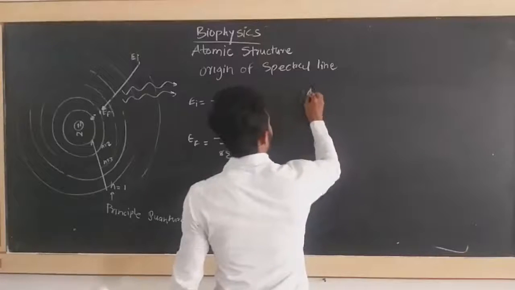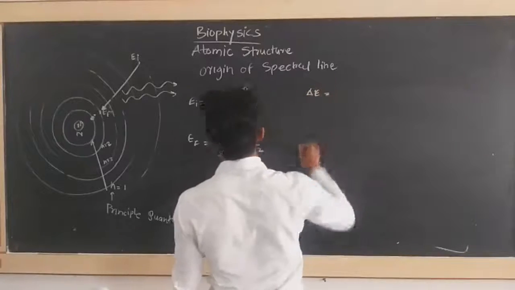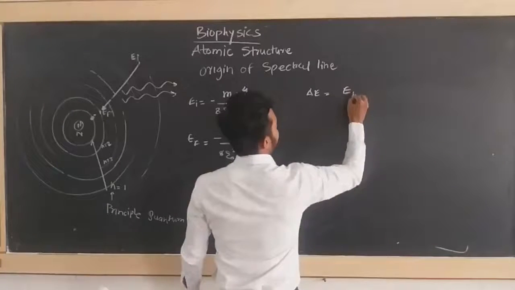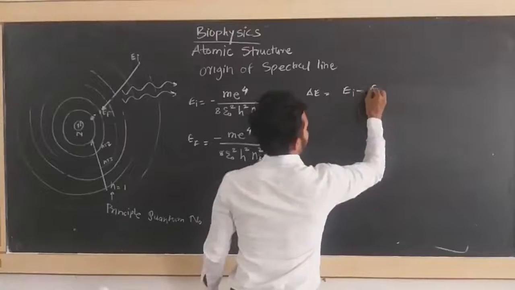So here I can write delta E is equal to E initial minus E final.